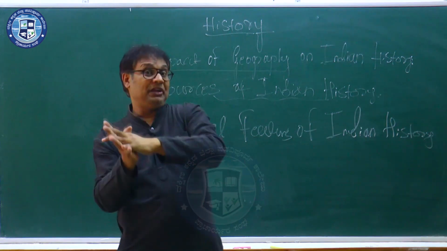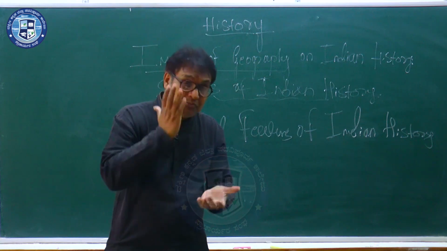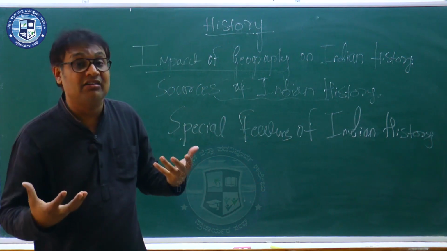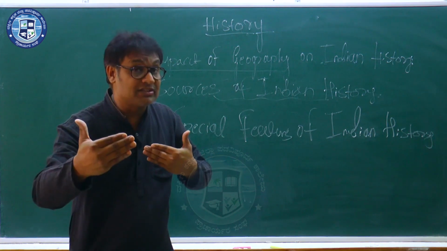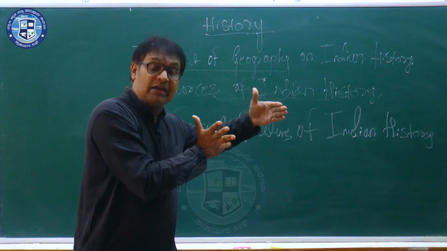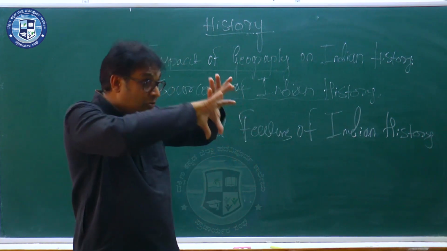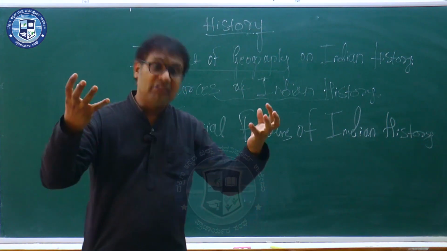Then the Islamic period, Islamic influence. As far as culture and administration are concerned, Islamic influence started in our country. That is one more phase. Especially during medieval Indian history, there was an Islamic influence on our culture and on our administration.